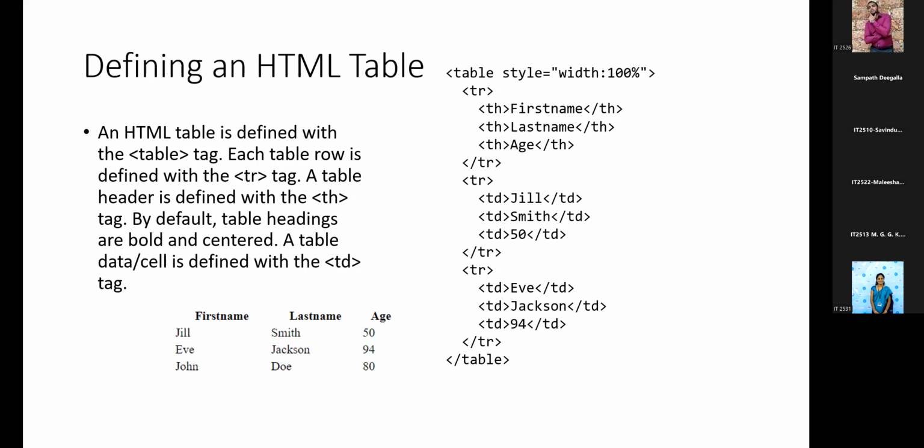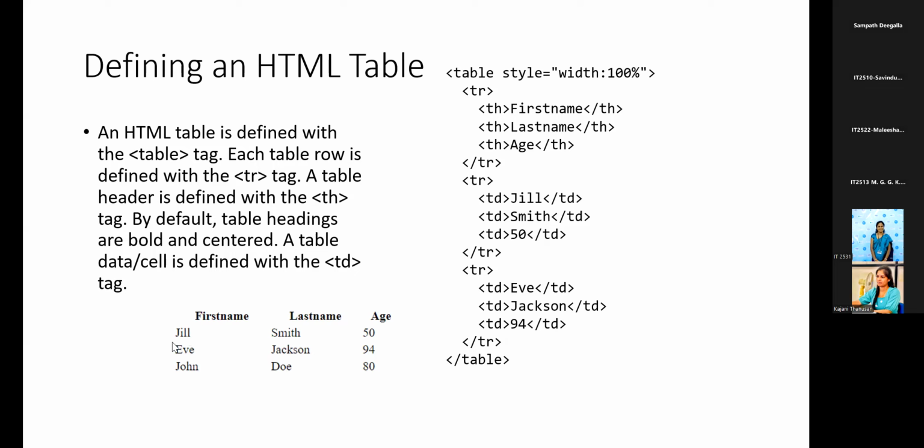Within the row, you can have headers and data items. Headers are what you notice in bold here, so when you want headers, we use th. For data, we use td. Those are the ones we will use to create a table.